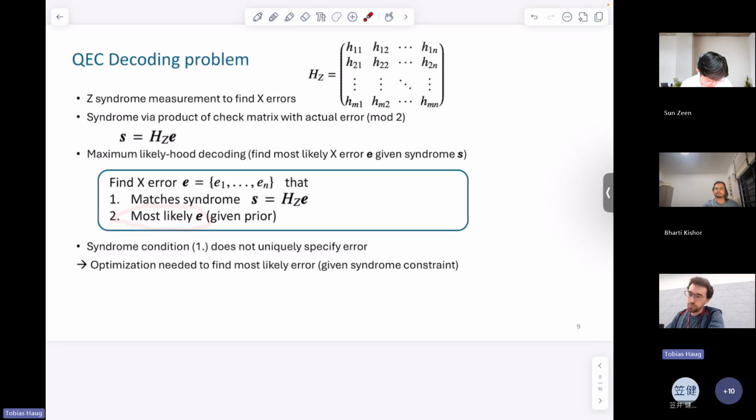As we already learned earlier for the repetition code, the syndrome does not uniquely specify the error. In fact, there are usually exponentially many different possibilities. So we need to do some optimization and check over all these possible errors that match the syndrome, which is the actual one with the highest probability. This is the best we can do.